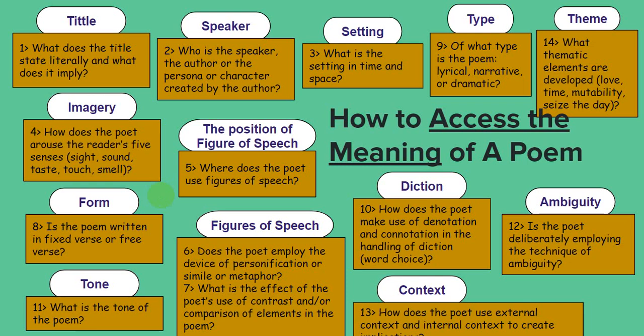And then number 9 is type. Tipe puisinya apa? What type is the poem? Apakah lyrical? Apakah narrative? Apakah dramatic? Ini sudah saya ajarkan kemarin. Okay. And then number 10 is diction. Diction adalah pilihan kata. How does the poet make use of denotation and connotation in handling of diction?